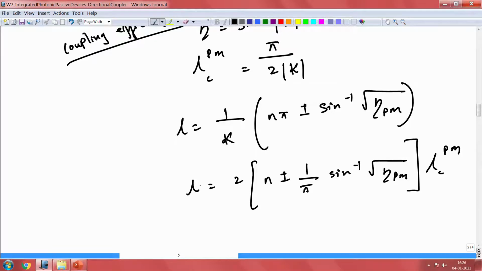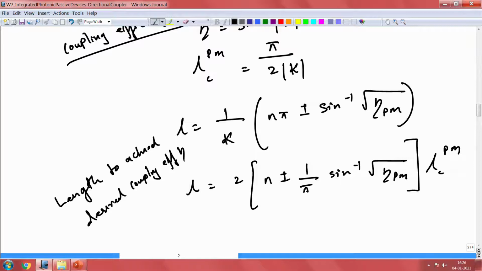So, this is our desired length of the coupler, the desired length to achieve the desired coupling efficiency of eta, right.